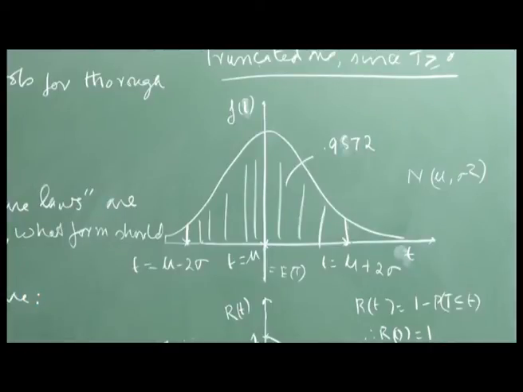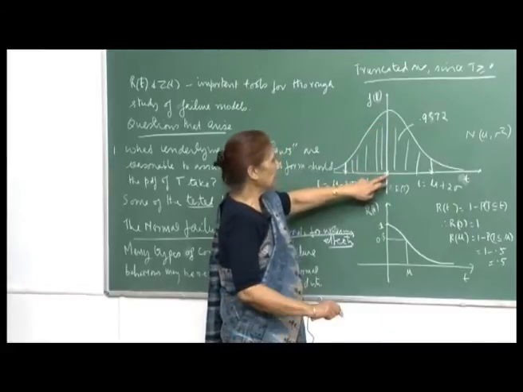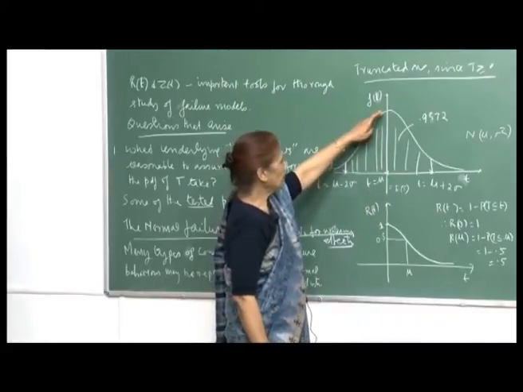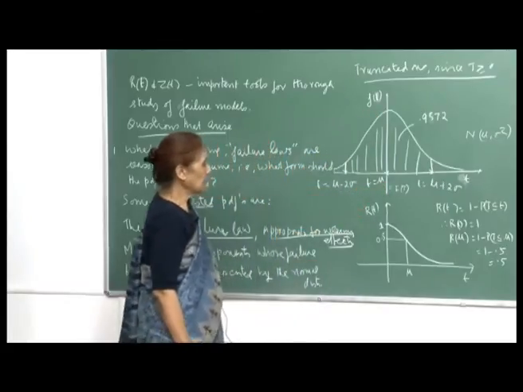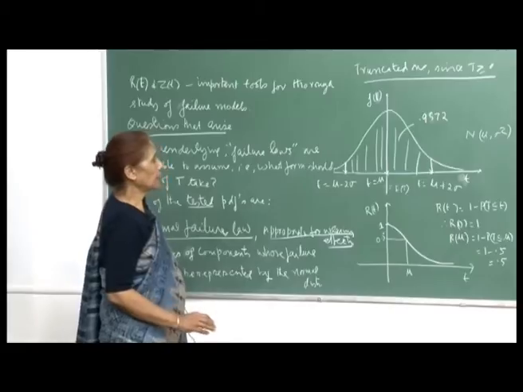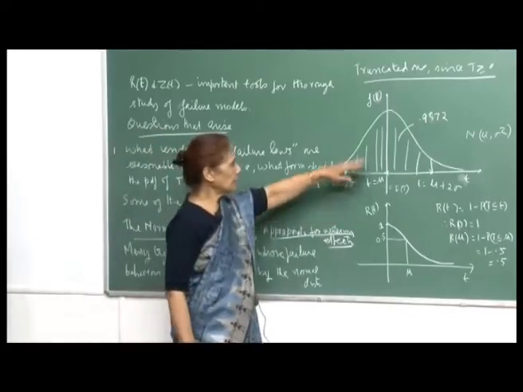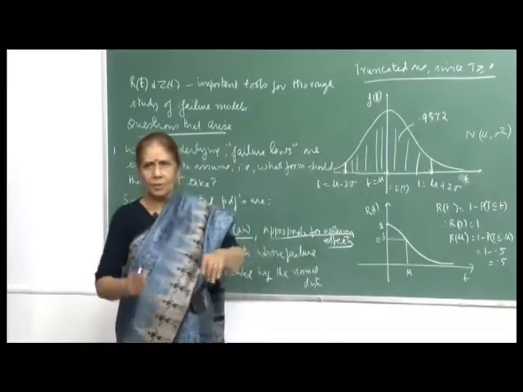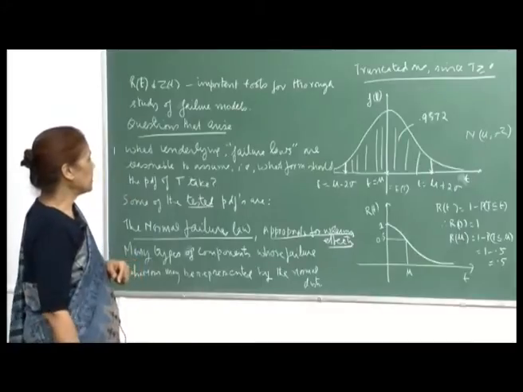You also see that for t equal to mu, this point is the mean as well as the mode. That means the maximum failure will occur around the time t equal to mu. But since our variable t takes only non-negative values, we will consider the normal distribution only for the portion from 0 to infinity and not from minus infinity to infinity.